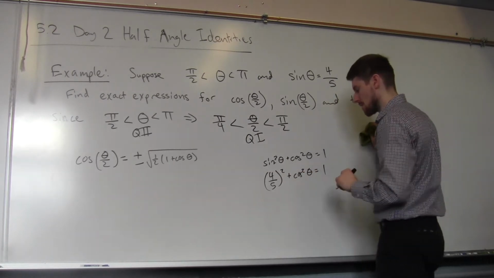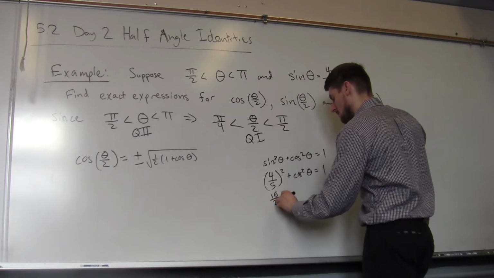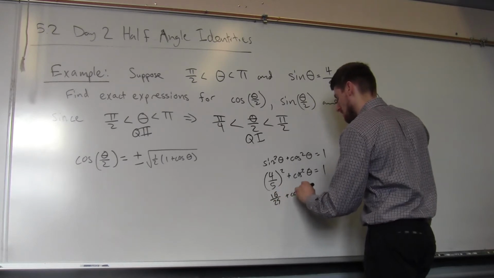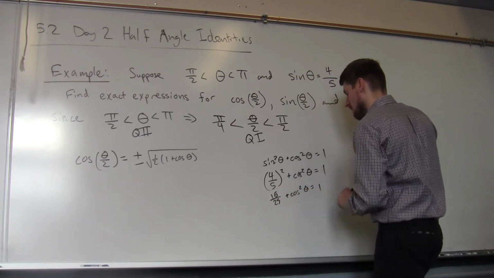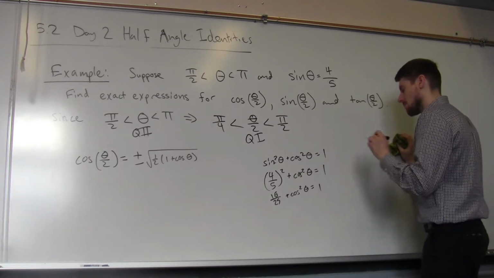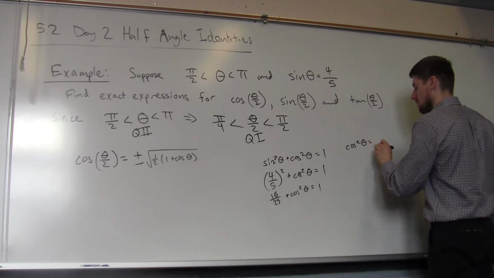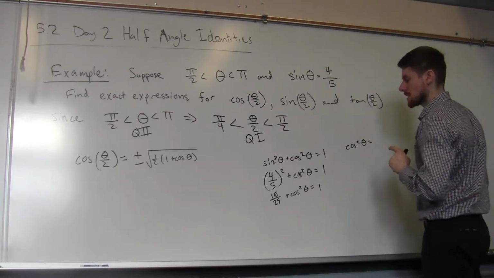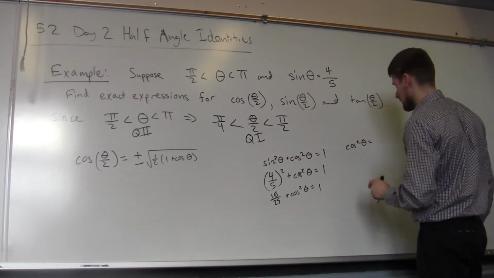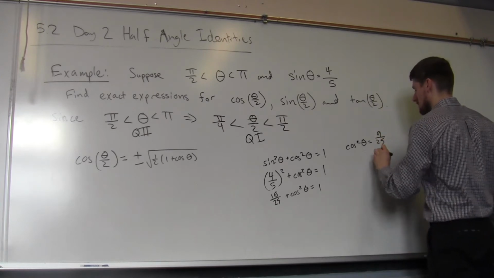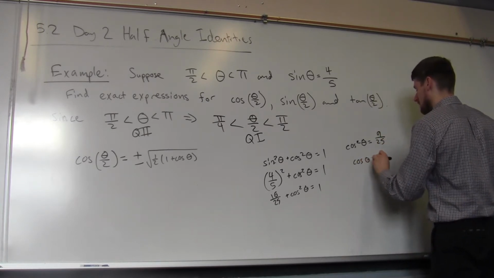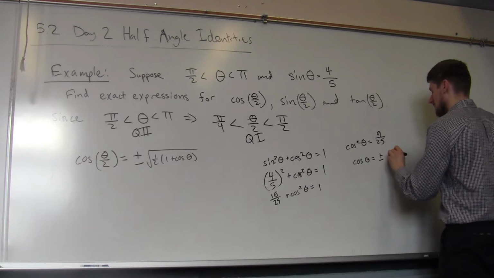That's 16 over 25 plus cosine squared theta equals 1. Subtract 16 over 25 from both sides, so cosine squared theta equals 9 over 25, and cosine theta equals plus or minus 3/5.